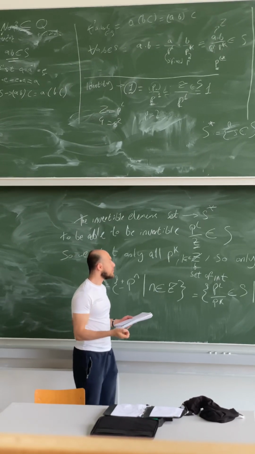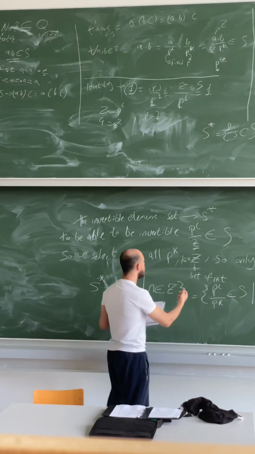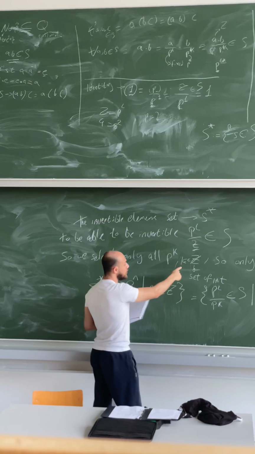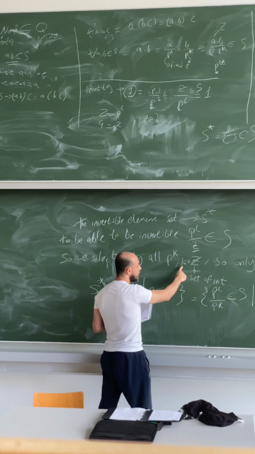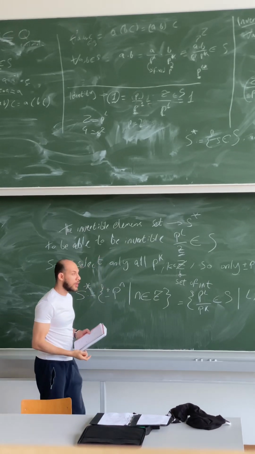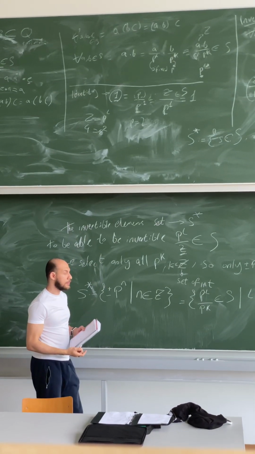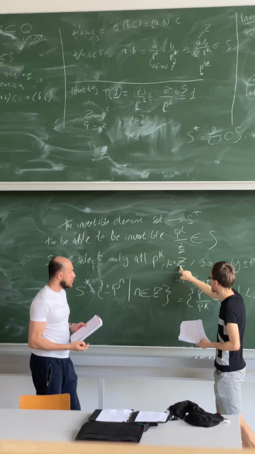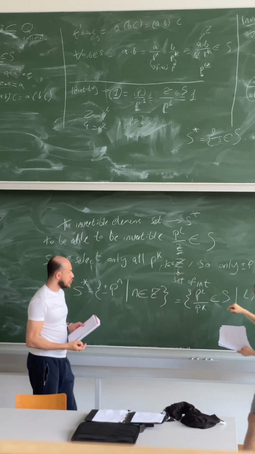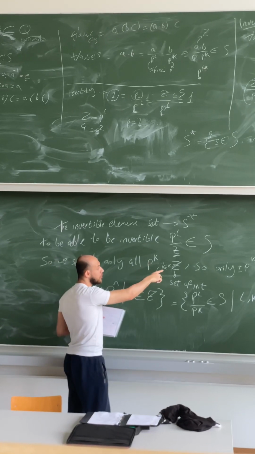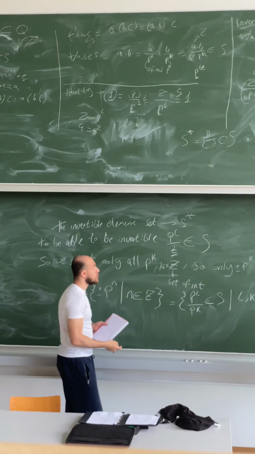But I think I understand what he's saying. I demonstrate that I want this denominator to belong to the prime. So that's why I didn't restrict the k only. This p^k also should belong to the set. Yes, but what I meant is that you don't want p^k to be in the integers. You wanted the number k to be an integer, right? No, I wanted p^k to belong to the integers.